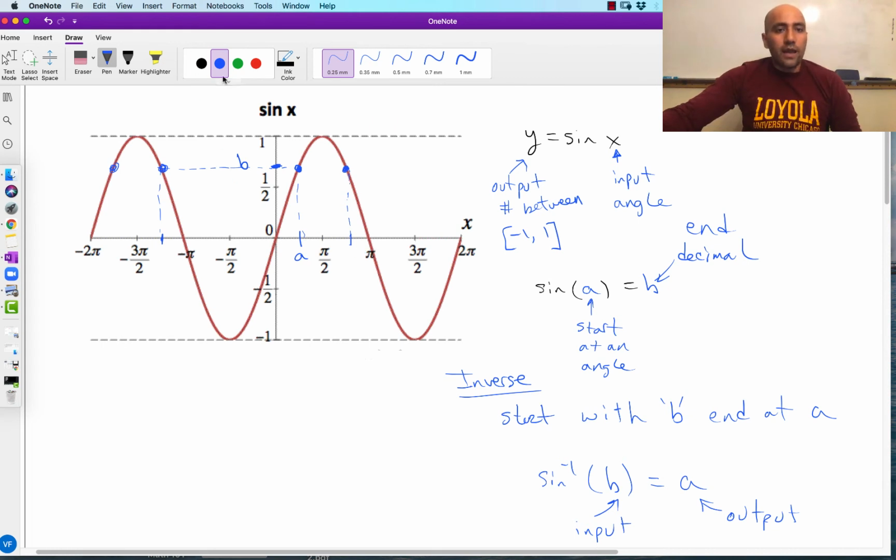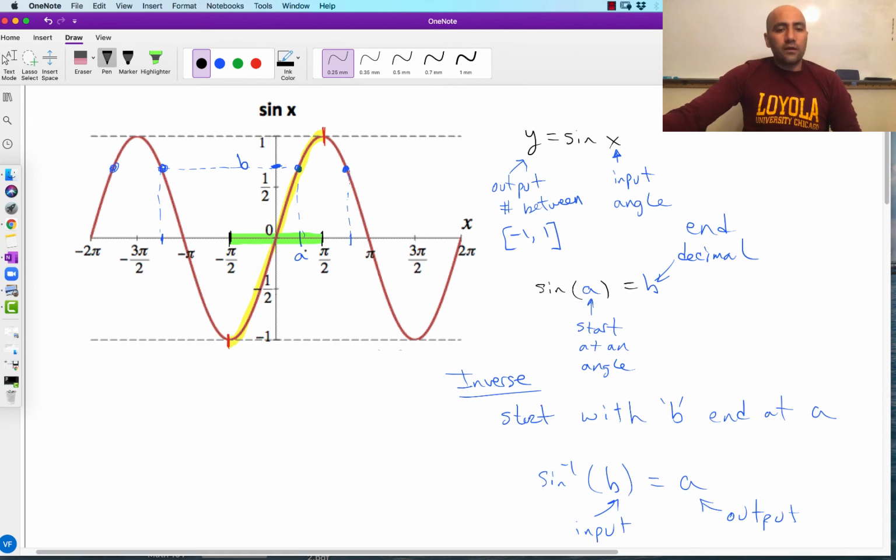So hopefully you remember how we fix this in trig: we limit the domain. We restrict the domain for sine inverse to be this little segment right in here. Let me highlight it. It's going to be the segment from there to there. So we limit the graph to be that, which means that we limit the domain of our function to be all the angles between negative pi over 2 and positive pi over 2.